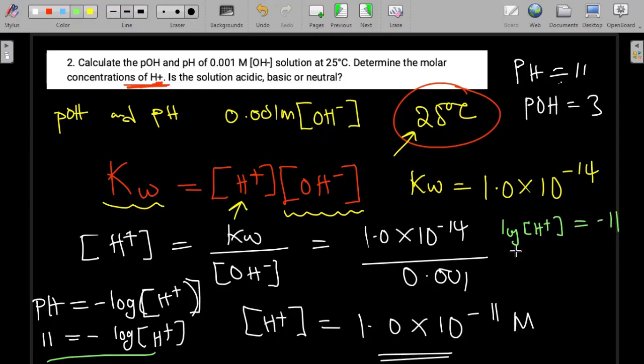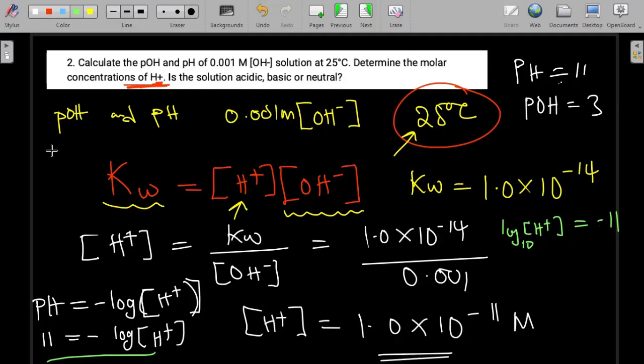Okay, and then from here, I'm just going to take the inverse log, or convert this log into an exponential. So if this log does not have any base there, then it means it's base 10. So how do you convert a log from the log form to the exponential?